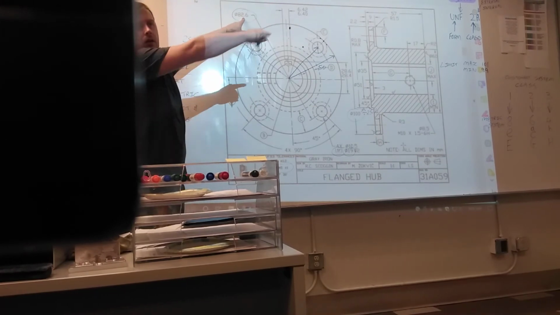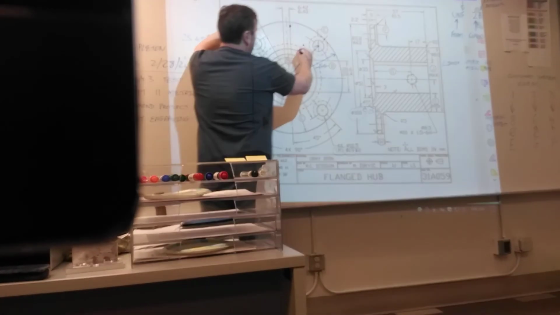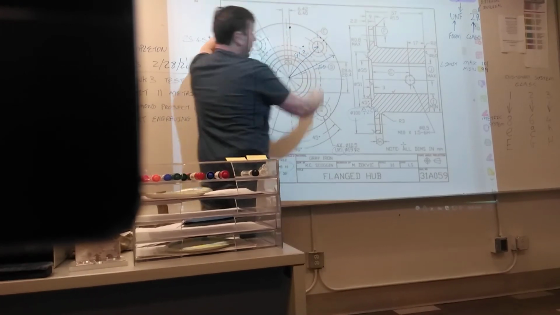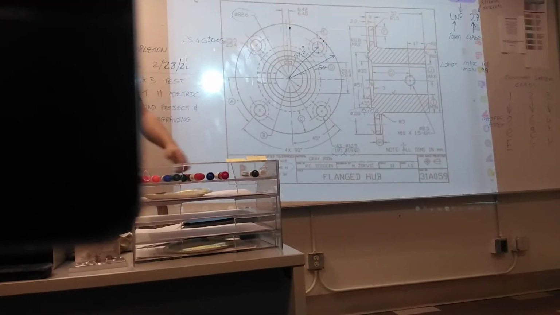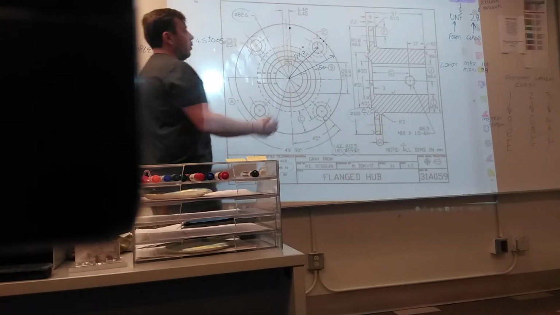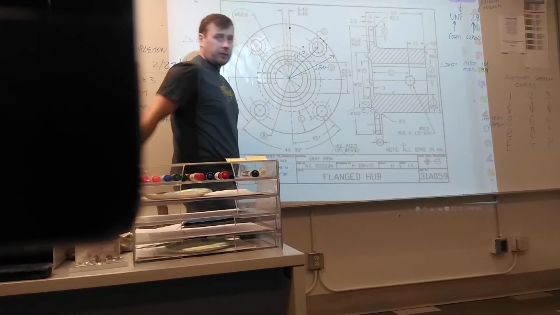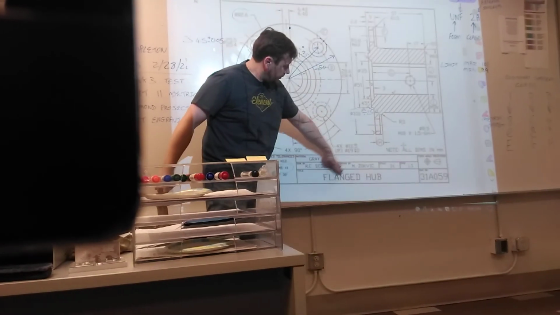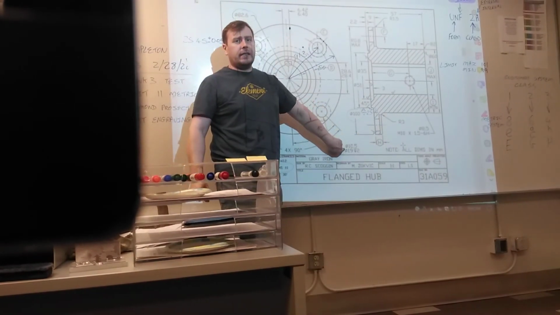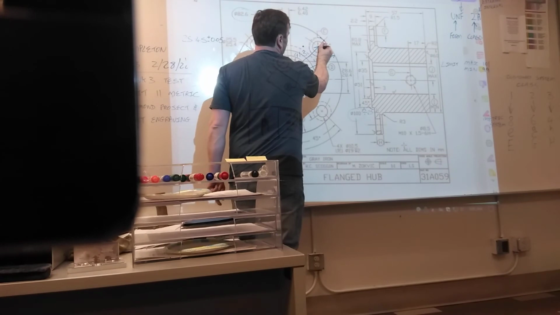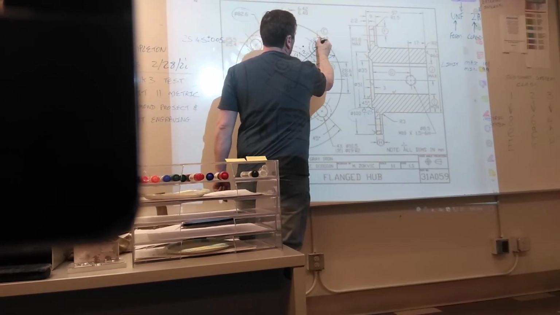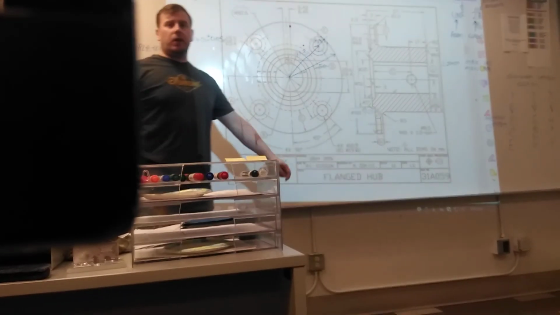So from the middle to that edge would be 41.3, half of that. What do we know about the diameter of the counterbore or the spot face? It's 19 millimeters. So from the middle to the edge would be 9.5.